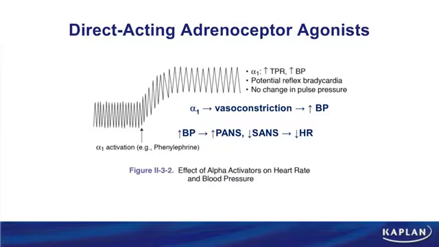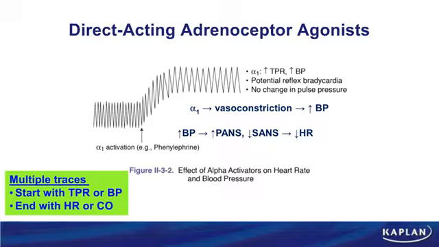It's what I call multiple traces. Instead of combining blood pressure and heart rate into the same diagram, what if they separated blood pressure from heart rate and just drew those as single lines? For example, blood pressure, maybe it's mean blood pressure represented as a single line. At the arrow, that mean blood pressure should migrate up.